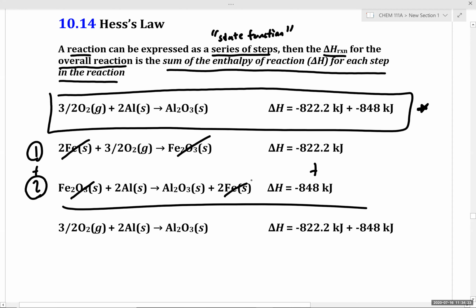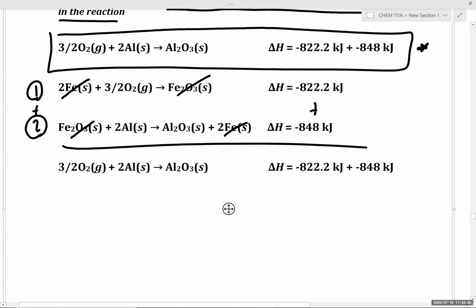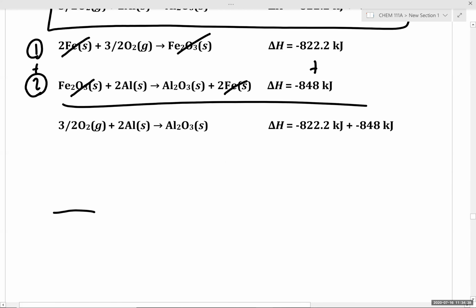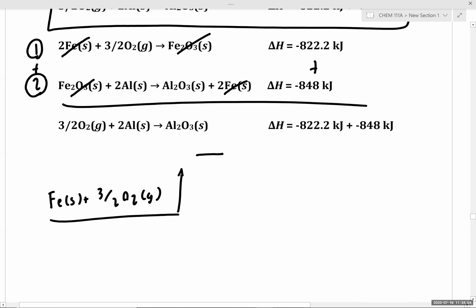Okay, so let's showcase this graphically just to show what's going on here. Initially, we have iron solid and oxygen gas, and we're going to iron oxide. For the first step, our enthalpy is negative 822.2 kilojoules.